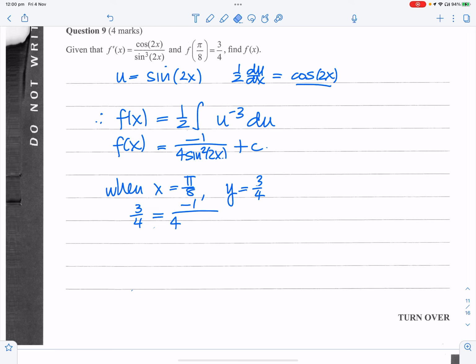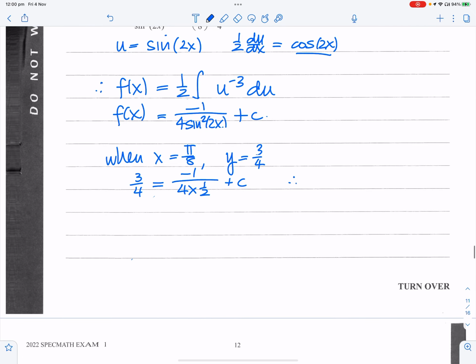Sine of pi on 4 is root 2 on 2, squared is a half, so that's 4 times a half plus c. So we know c is 3 on 4 plus 1/2, which is 5 on 4.